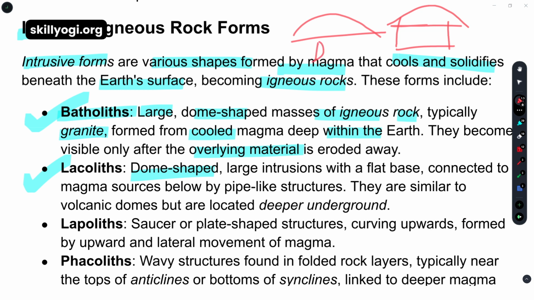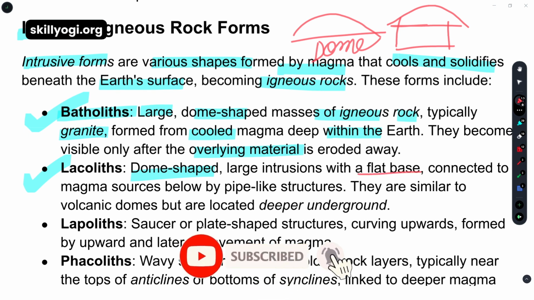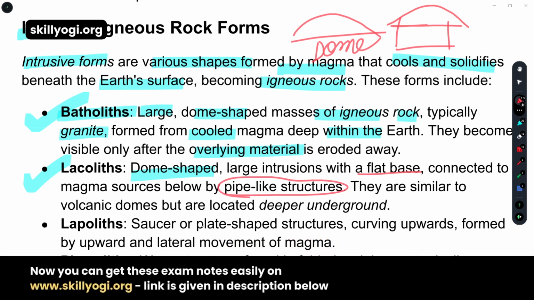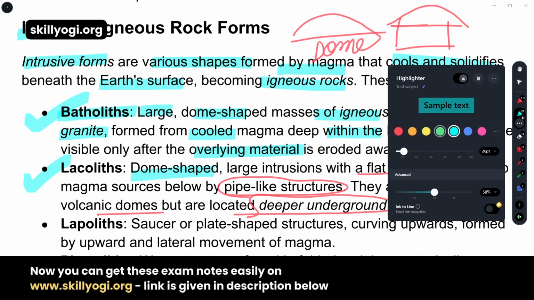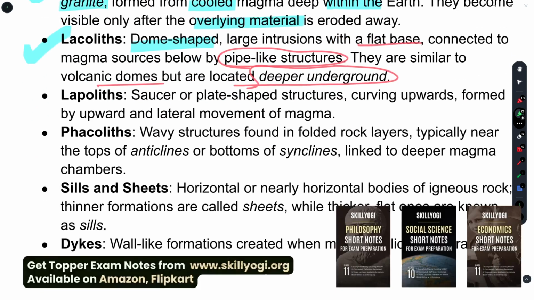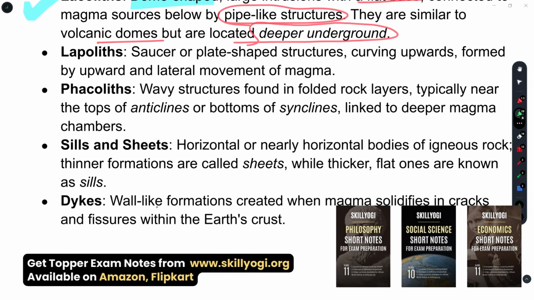I am writing it over there, dome shaped. These are large intrusions with a flat base, and pipe-like structures we can have in laccoliths. They are similar to volcanic domes but are located deeper underground. All the landforms we will learn now will be beneath the earth's surface, forming deeper underground. Remember this.